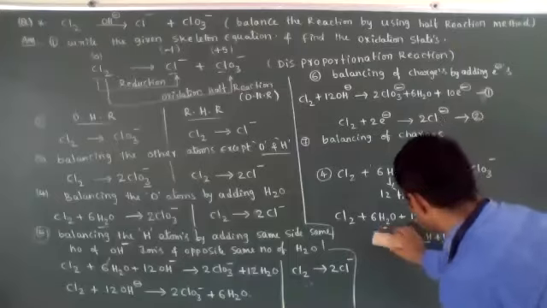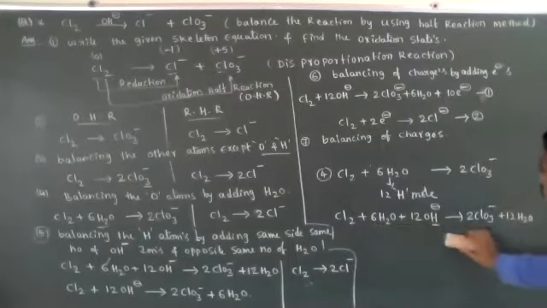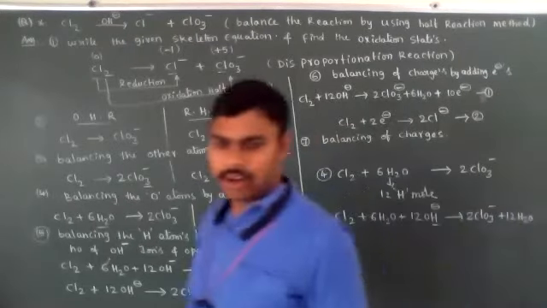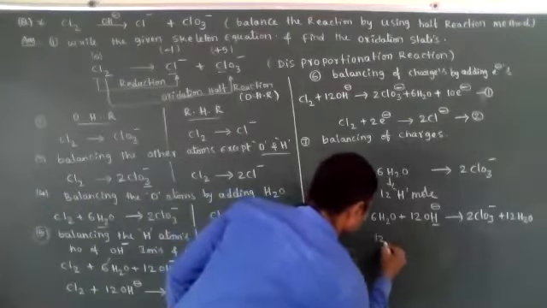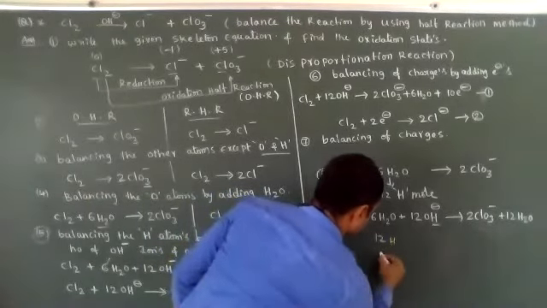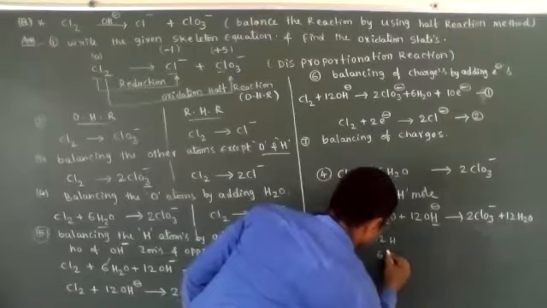Now count whether the hydrogens and oxygens are balanced or not. Here 12 hydrogens and 6 oxygens.